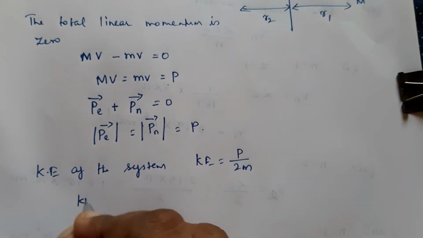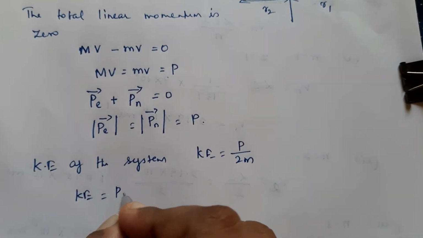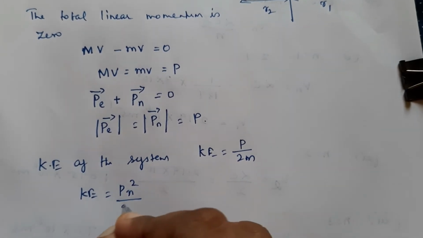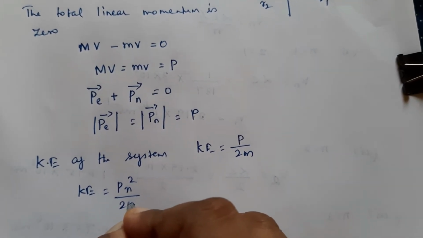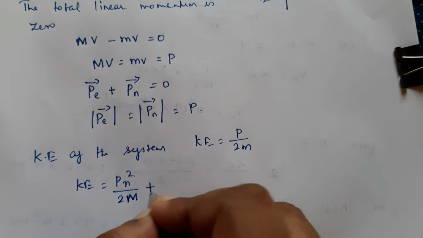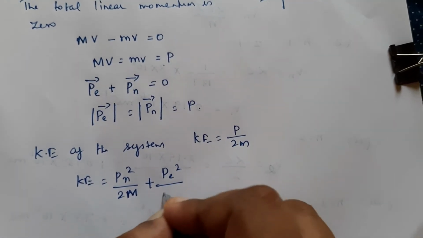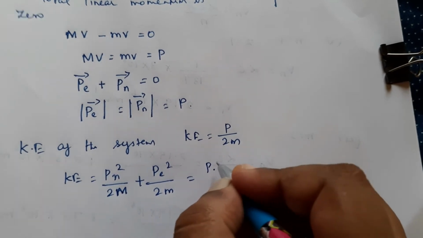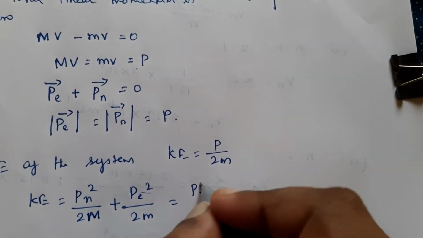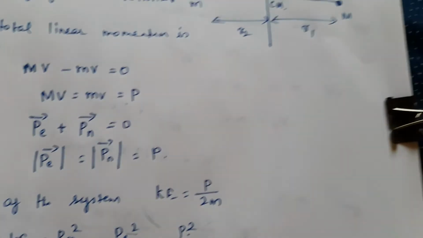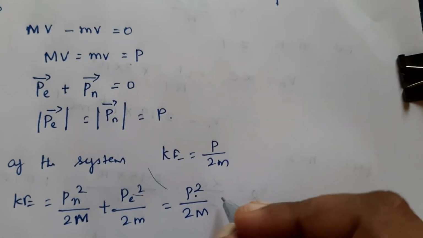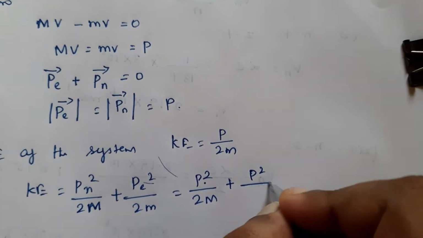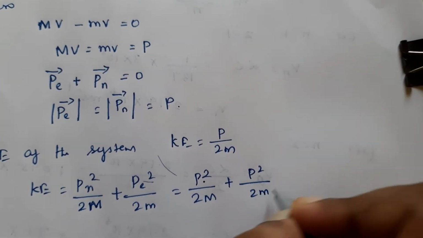So in this case we can write kinetic energy is equal to Pn square by 2 capital M, plus Pe square by 2 small m. So we can write it as p square by 2M, because the modulus value of Pn square is p square only, plus p square by 2 small m.